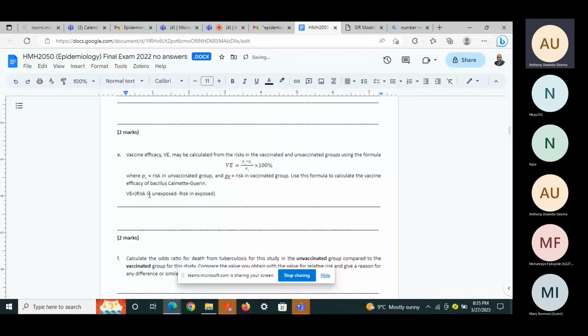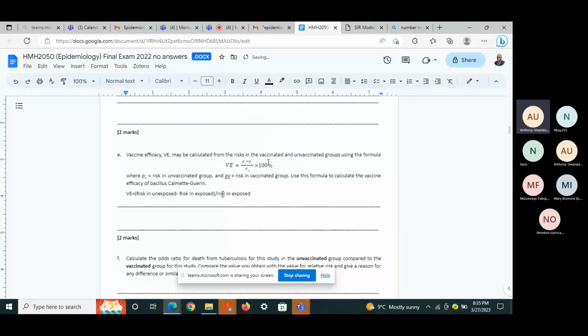If you cannot cram the formula, you can just cram the words: risk in unexposed minus risk in exposed, then divided by risk in unexposed, then times 100%, if you like. I like keeping it simple, so I'll just make use of the decimal points, and then later I can convert it to percentage. So this is the formula to determine how effective the vaccine is.